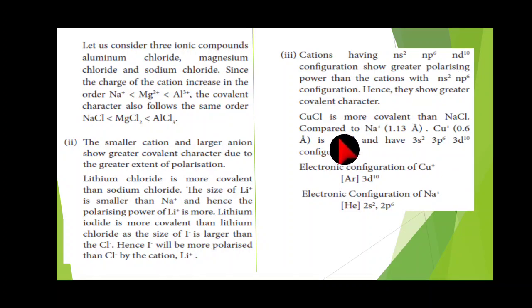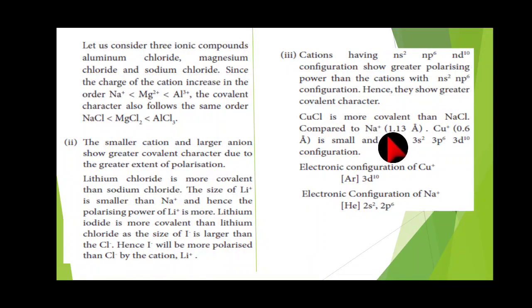A good example is copper chloride. Copper has atomic number 29, right? When we write the electronic configuration, we get it until d10. Here copper chloride is more covalent than sodium chloride.